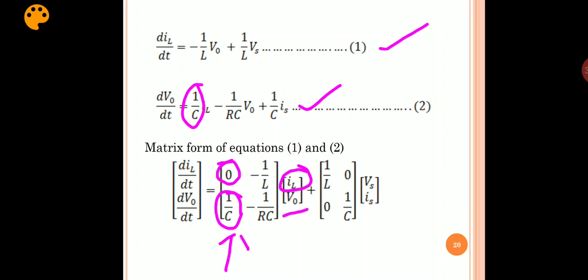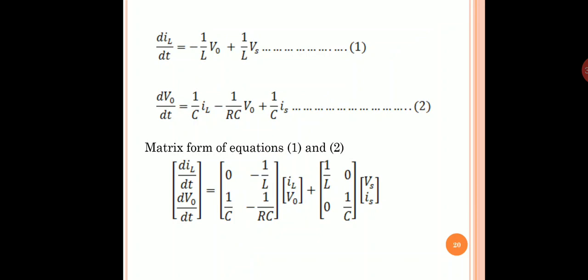In the first equation the coefficient of V0 is minus 1 by L. The same thing is written here. In the second equation the coefficient of V0 is minus 1 by RC, so it is written here. This is how you write the matrix. So this column is the coefficient of IL, and this column is the coefficient of V0.